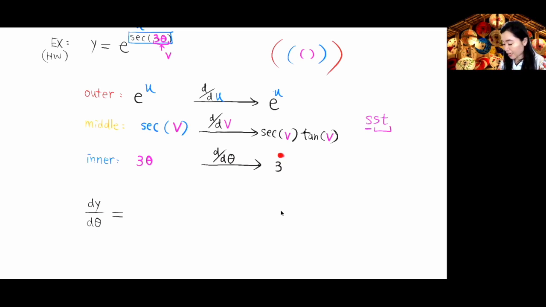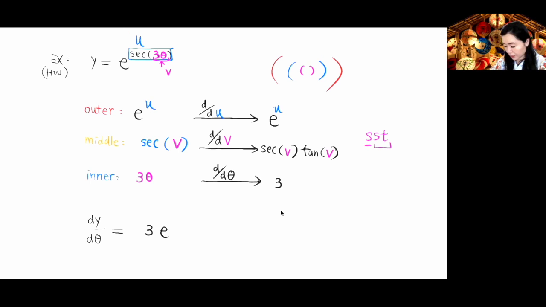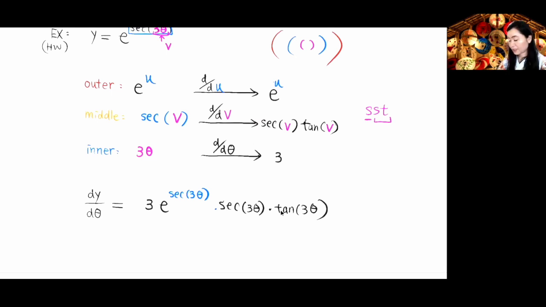It's better that I leave this constant in front, so I'm going to put this constant 3 in front. And then e to the secant of 3 theta, times secant of 3 theta, and then tangent of 3 theta. And that's it.